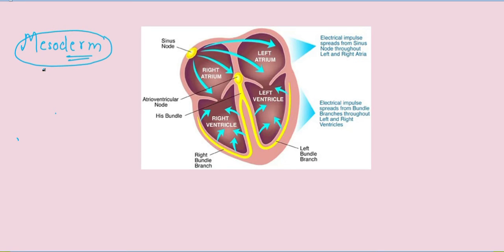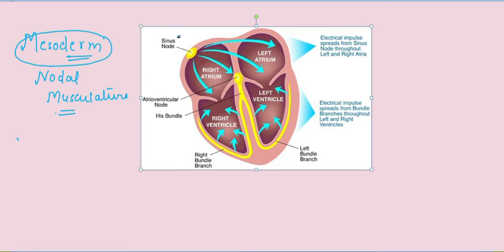Now there is the nodal musculature, which is responsible for the generation of the action potential. Here you can see the upper right corner of the right atrium has a muscular patch called the sinoatrial node, also called the SA node.